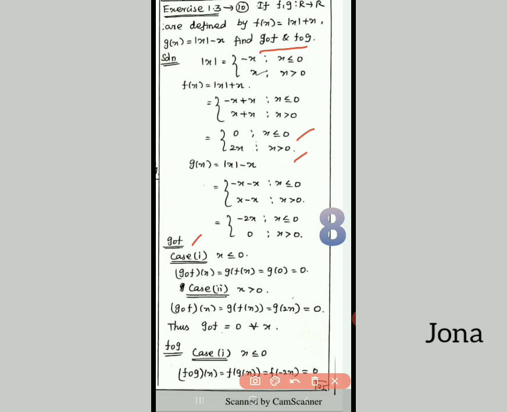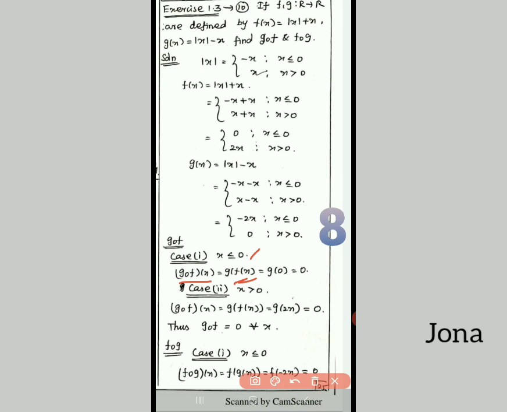Isn't it? So I want to take both the cases. The first case is x less than or equal to 0. So g dot f is nothing but g dot f of x, that means g of f of x. We have to change the bracket. Look at the brackets there.